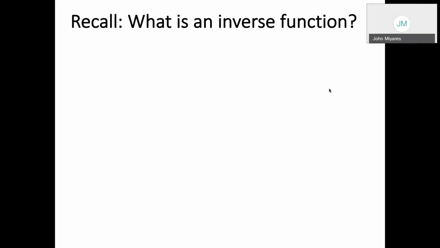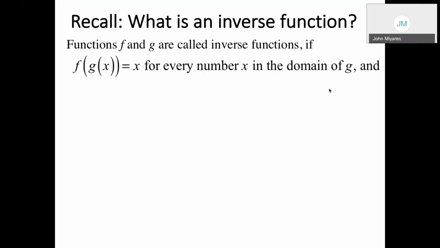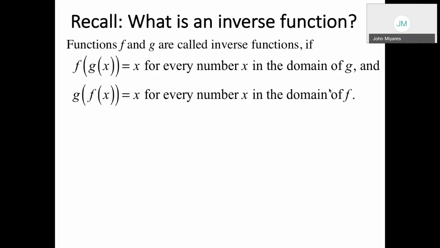Before we begin discussing the inverses of trigonometric functions, it might be a good idea to do a quick refresher of what is an inverse function in general. Functions f and g are called inverse functions if f of g of x will simplify to just x for every value x in the domain of g, and g of f of x simplifies to just x for every number x in the domain of f.